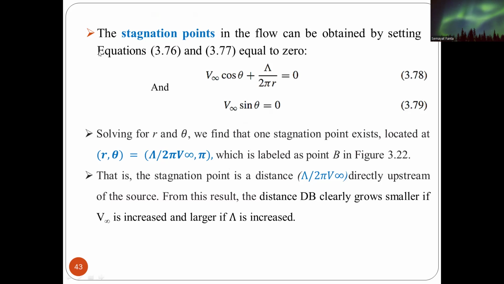When we set equation 376 equal to 0, we get V∞ cosθ plus the source strength over 2πr equal to 0. Rearranging this, we can solve for θ and r. We have two equations, and from the second, V∞ sinθ is equal to 0.